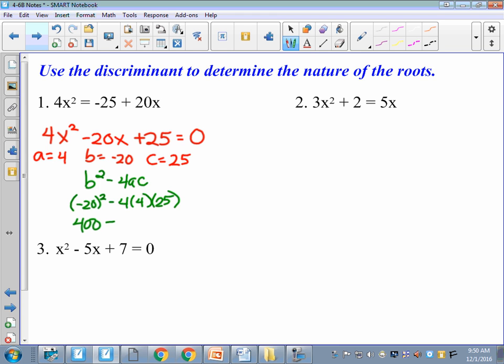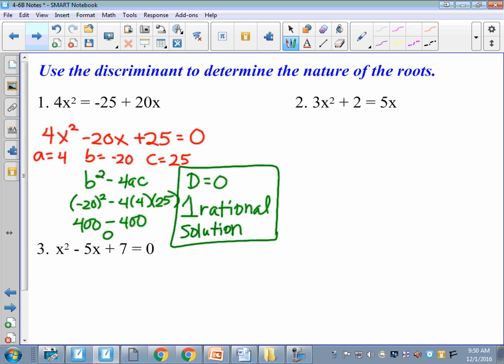Yep, 400. And so this is a discriminant of 0. So my discriminant equals 0, which means I'm going to have one rational solution. So the nature of the roots is one rational solution. This is when the vertex was on the x-axis.